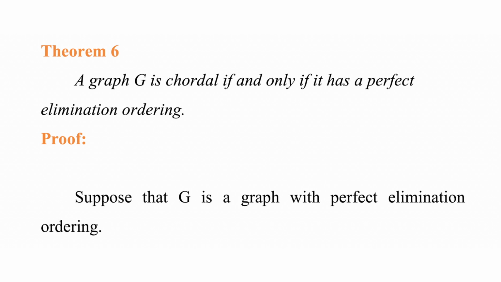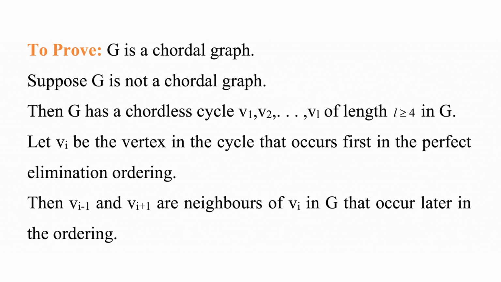Suppose that G is a graph with perfect elimination ordering. We are going to prove G is a chordal graph. Suppose G is not a chordal graph, then G has a chordless cycle V1, V2, etc. Vl of length L, where L is greater than or equal to 4 in G. Let Vi be the vertex in the cycle that occurs first in the perfect elimination ordering.